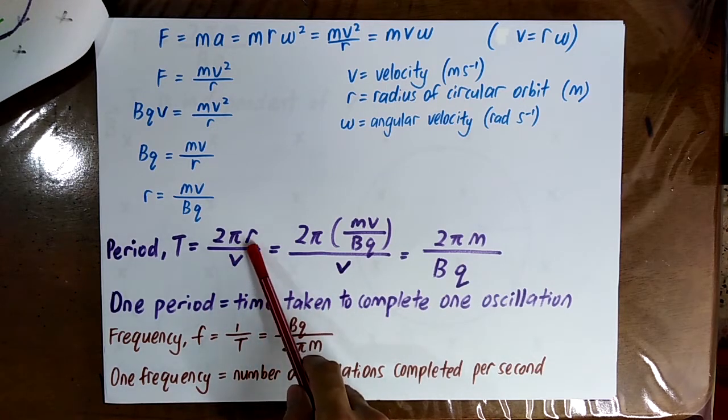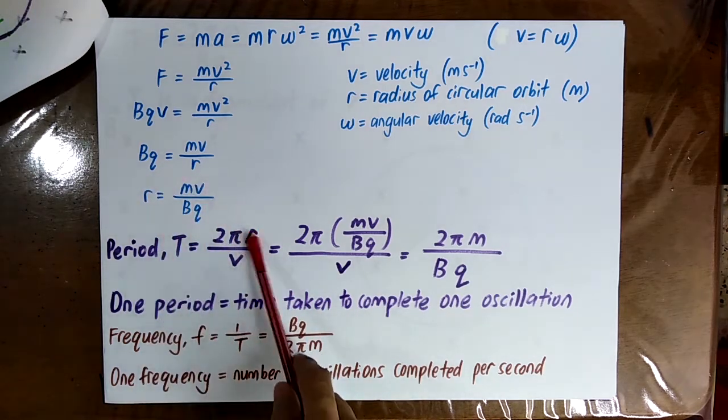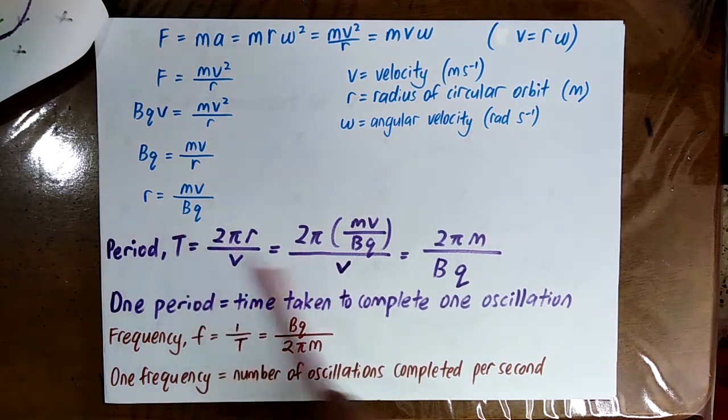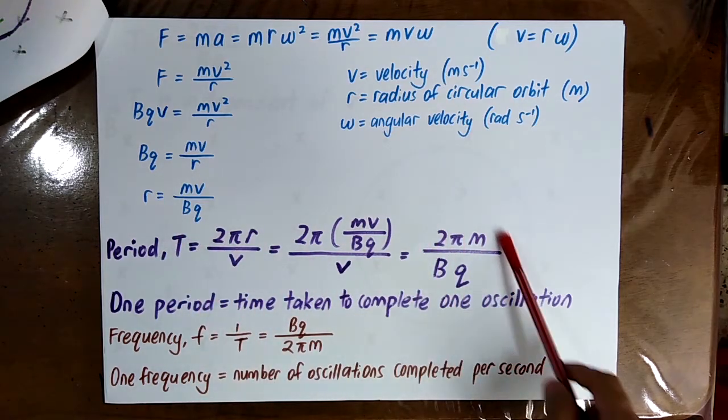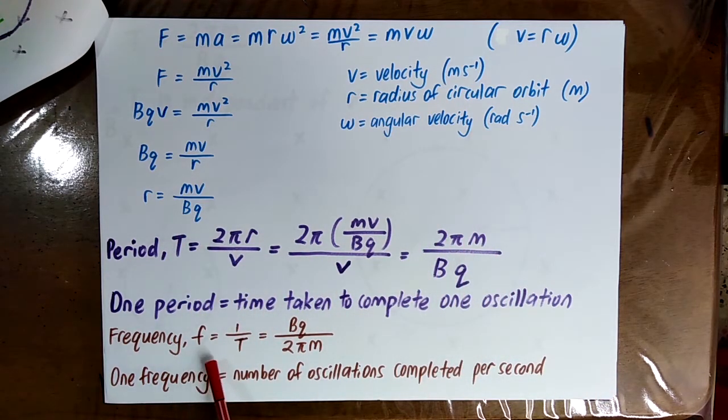So you can substitute r here, and then you know that the period is like this. The frequency is 1 over period, and frequency is defined as how many oscillations can be completed per second.